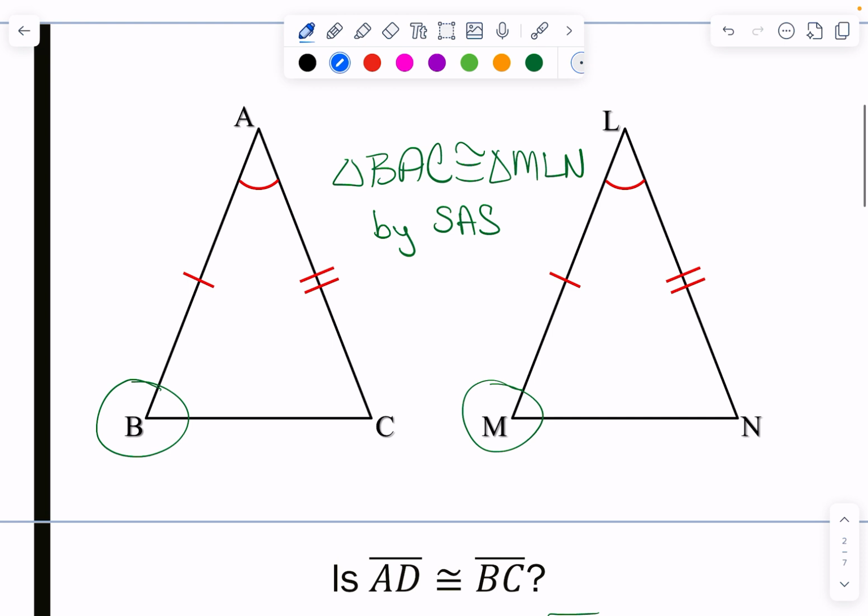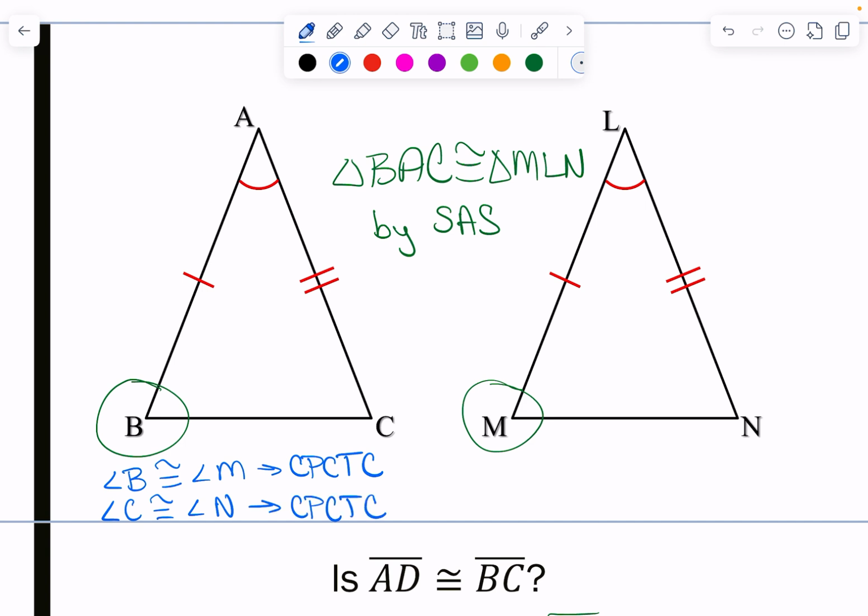What could we prove then? Well, since we know the triangles are congruent, we automatically know angle B would be congruent to angle M by CPCTC because we know the triangles are congruent. We also would know angle C is congruent to angle N. Why? Because of CPCTC. Congruent parts of congruent triangles are congruent.